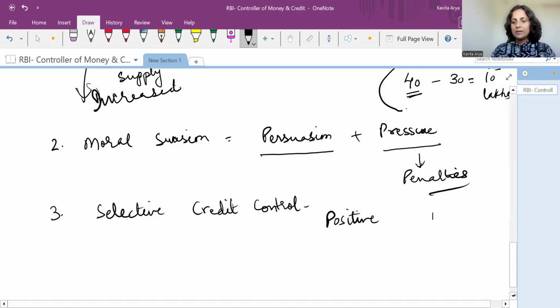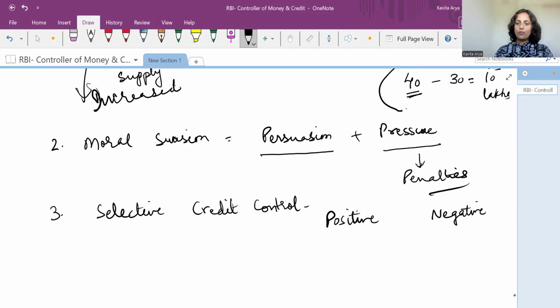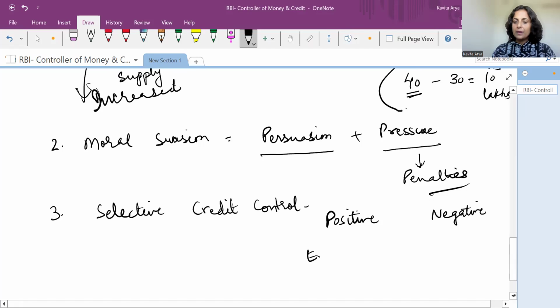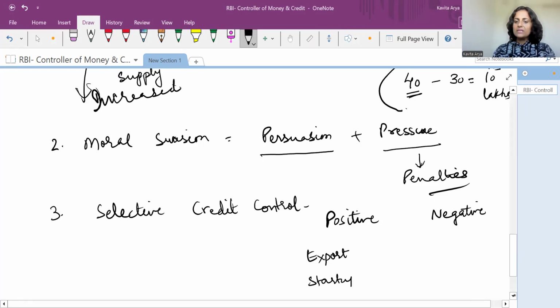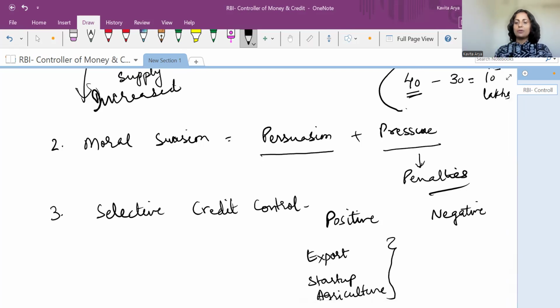For example, if the government wants to focus more on exports, or wants to give a good threshold to startups, or you may say agriculture is the priority sector, then any such sector given by the government should be given more and more money and loans.